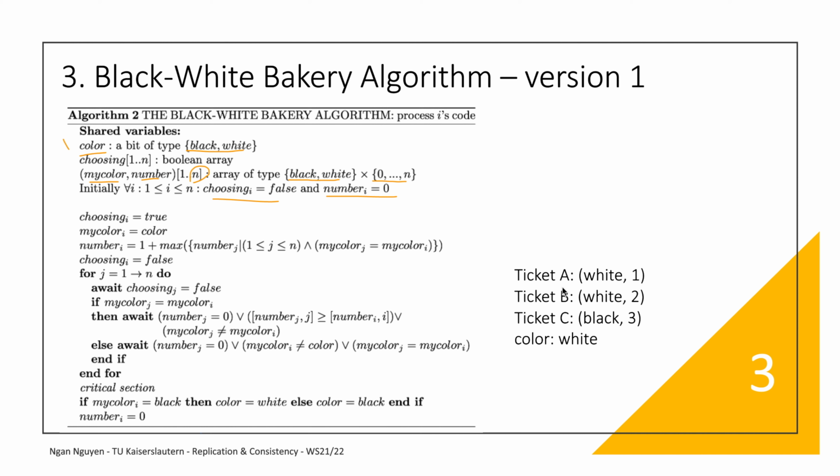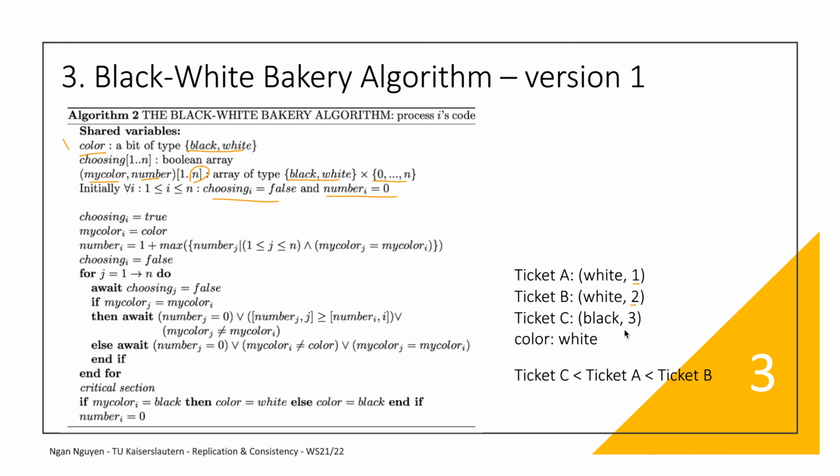If we compare ticket A and ticket B, since they have the same color, we consider the number and see that A has the smaller number than ticket B, so ticket A is smaller than ticket B. And if we compare ticket A and ticket C, since they have different colors and ticket C has the color different from the color bit, ticket C is considered smaller and has higher priority. In other words, ticket C is smaller than ticket A and smaller than ticket B.